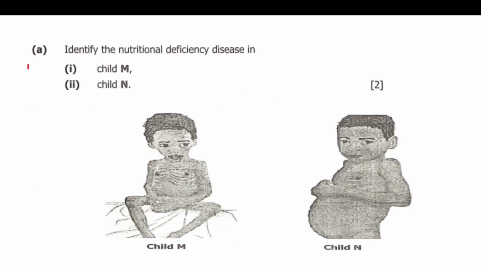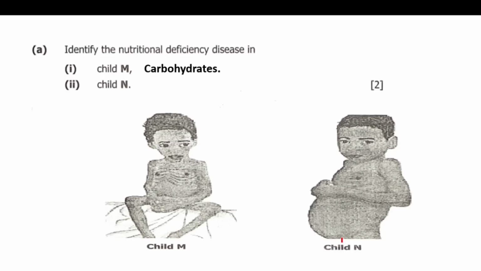So now let's answer the questions. So A. Identify the nutritional deficiency disease in 1. Child M. So this child M here simply suffers from deficiency of carbohydrates.